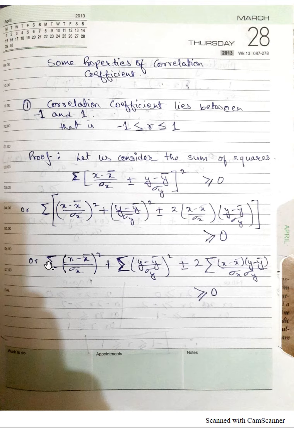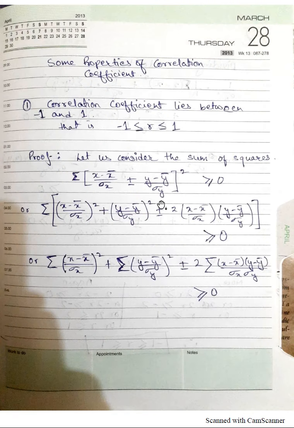So we can write it as summation of (x minus x bar divided by sigma x) whole square plus summation of (y minus y bar divided by sigma y) whole square plus minus 2 is constant, so 2 comes out of the summation. Summation (x minus x bar) into (y minus y bar) divided by sigma x into sigma y is greater than or equal to 0. By the way, sigma x and sigma y, as we all know, are the standard deviations of x and y respectively.